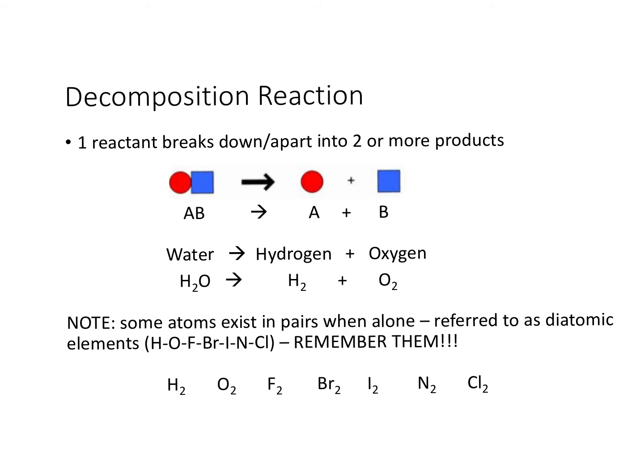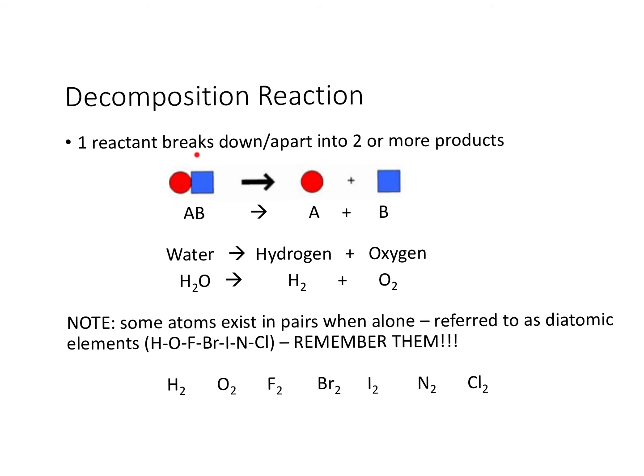So if synthesis is creating one product out of 2 reactants, decomposition is the opposite. To decompose means to break down, to break apart. And so that's exactly what we have happening here. We have one reactant, which appears to be some sort of molecule or compound, and this reactant is breaking apart into 2 or more products.